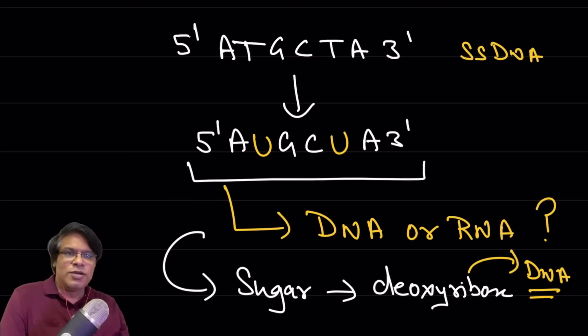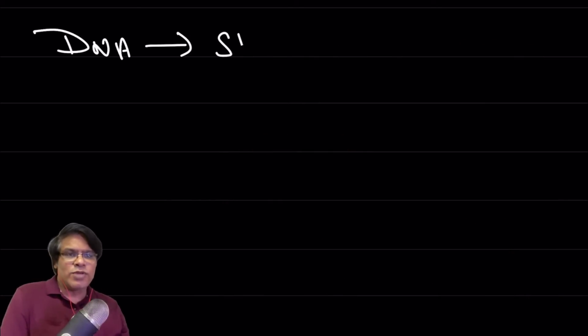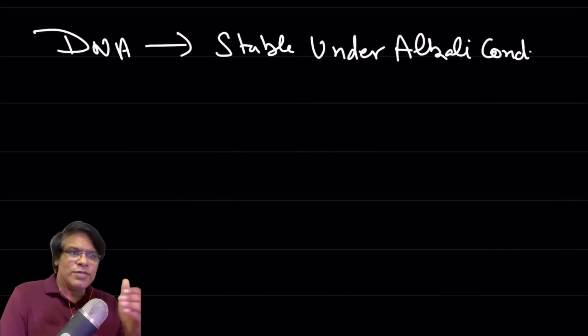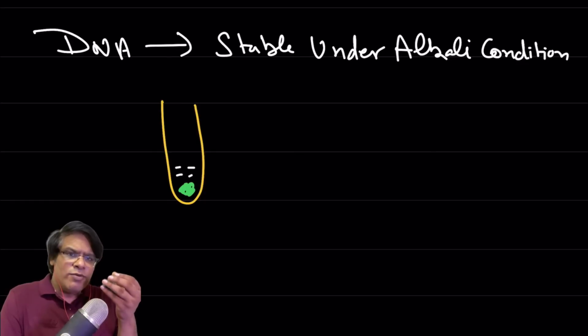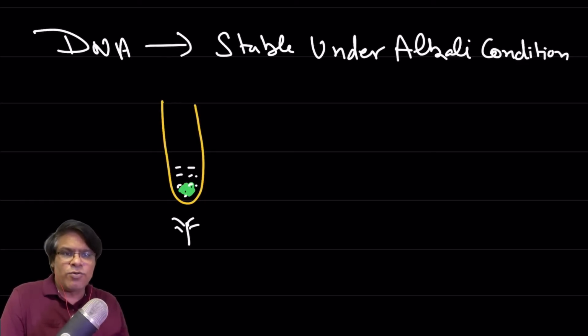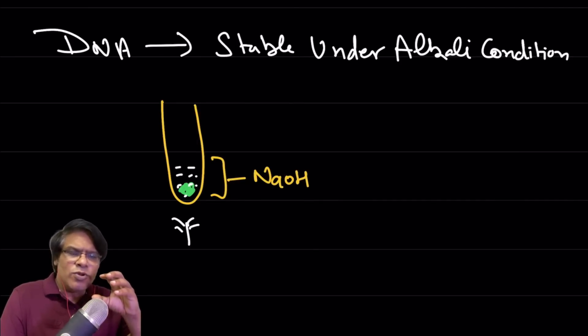So this is going to remain DNA, deoxyribose, because here the sugar is deoxyribose. Now here we see another important thing about DNA, that is, DNA is stable under alkali hydrolysis. It means if you heat the DNA in the presence of alkali, in the presence of NaOH, it is going to remain stable.